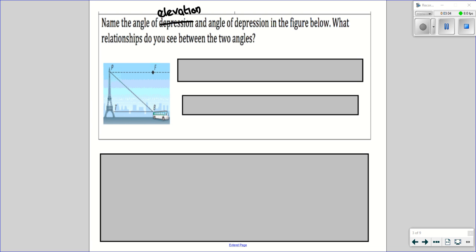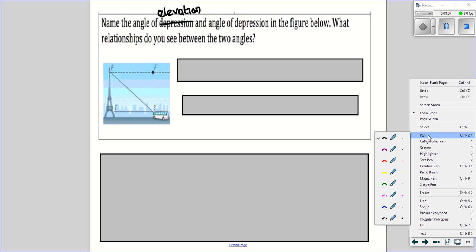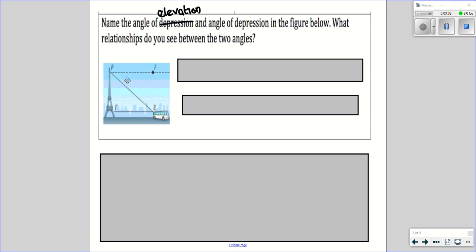With this one, we have two angles that we see: PFB, and then TBP. Let's look at FPB. You're at the top of the Eiffel Tower, and you're looking down. PB is your sight line.